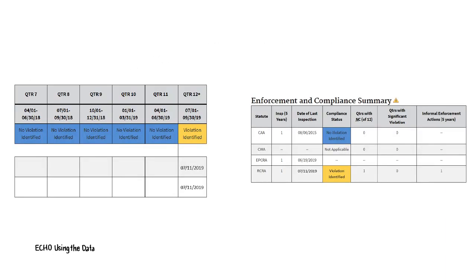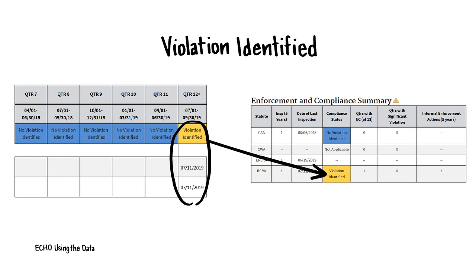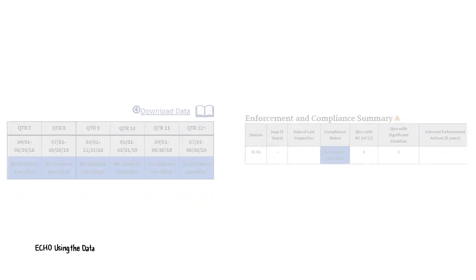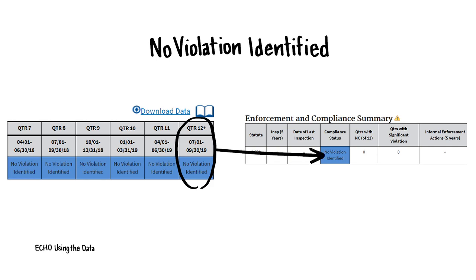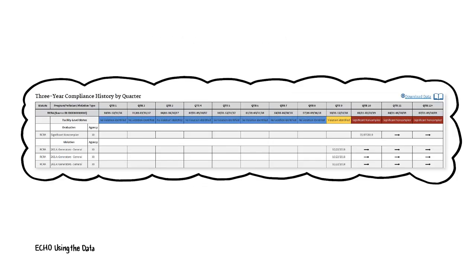If there is no significant non-complier status in quarter 12, but there is a violation within quarter 12, the compliance status displays violation identified and is colored yellow. If there is no significant non-complier status or violation in quarter 12, the current compliance status reads no violation identified and is colored blue. Keep in mind that facilities may not be in violation for the entire quarter, even though it might appear that way in this table.